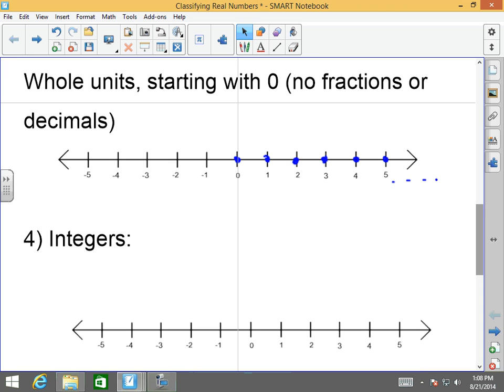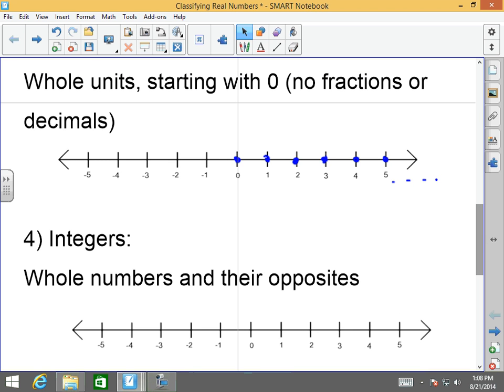Number 4, integers. Integers, my friends, are whole numbers and their opposites. Believe it or not, 0 is an integer. Why? Because 0 is a whole number.